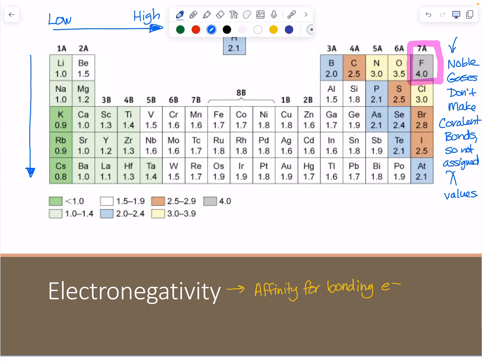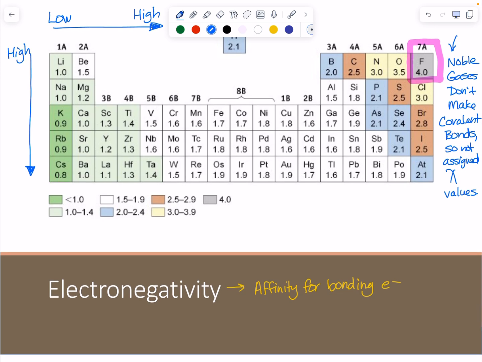Yeah, as you go from the top to the bottom, it decreases, right? So this is high to low. So it doesn't matter whether you're on the left or the right, the things at the bottom of the periodic table have a lower electronegativity than the things directly above them. Okay, so those are our trends.